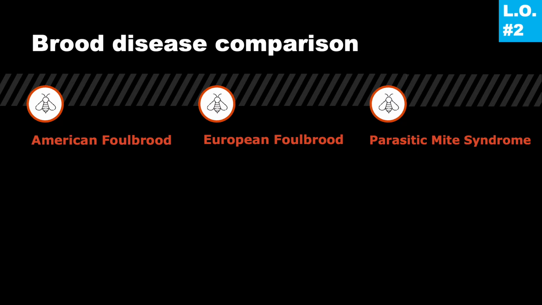In Learning Objective 2, I'm going to compare the clinical signs observed in 2 bacterial diseases that affect young bees, or the brood, and I'm going to contrast those to parasitic mite syndrome. First, with American foul brood, this disease affects only the capped brood.